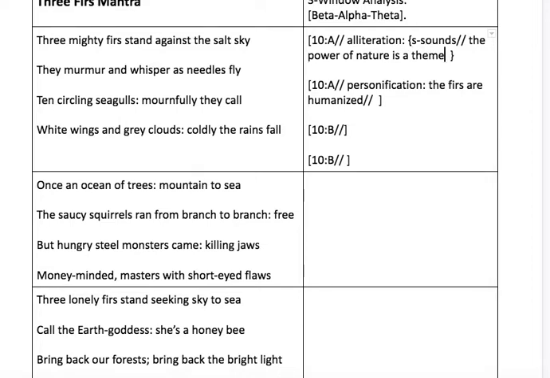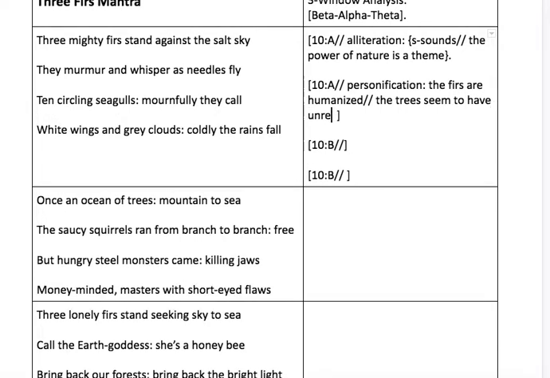And then down below, we can see that now we've done all 3 levels. And then in the second part of the couplet, we might say the trees seem to have unrest.